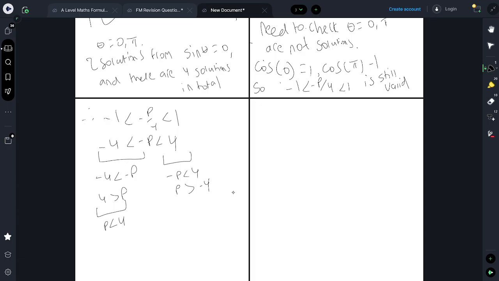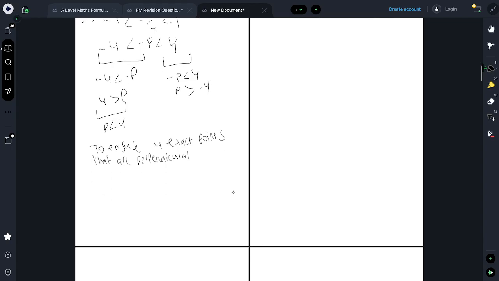So really, to ensure exact points that are perpendicular to the initial line, we need p less than 4 and p greater than minus 4.